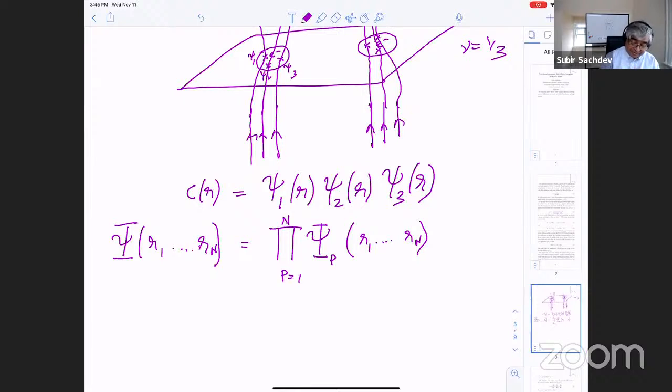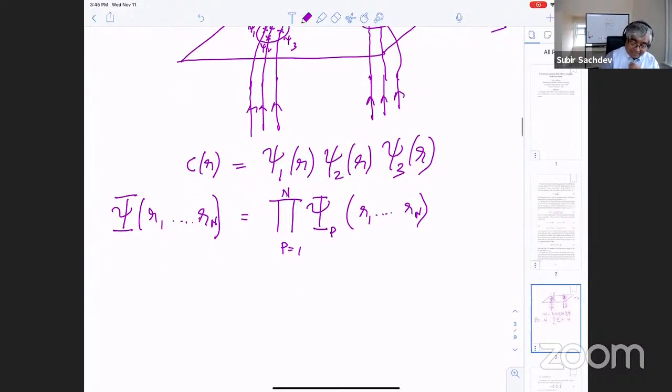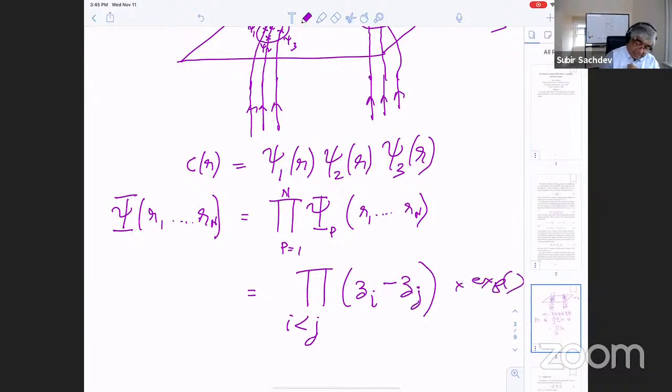You may remember I told you what the wave function of a fully filled Landau level was. It was the product over i less than j of zi minus zj, and I'll ignore the exponential factors, which all work out correctly. This is the wave function of a fully filled Landau level, the Vandermonde determinant. But I have 3 partons with the same wave function, a fully filled Landau level, and all of them have the same coordinates, so I'll just get this cubed. And that's the famous Laughlin wave function.